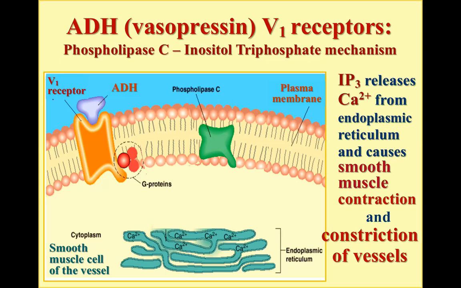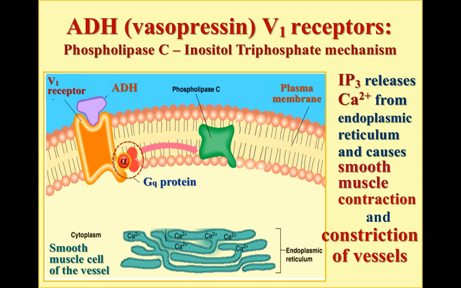ADH binds to the receptor and it results in activation of G protein inside, Gq protein in particular. Gq protein activates phospholipase C when its alpha subunit dissociates and activates phospholipase C. Activated phospholipase C produces breakdown of the membrane phospholipid, phosphatidylinositol biphosphate, and it becomes split into 2 second messengers.